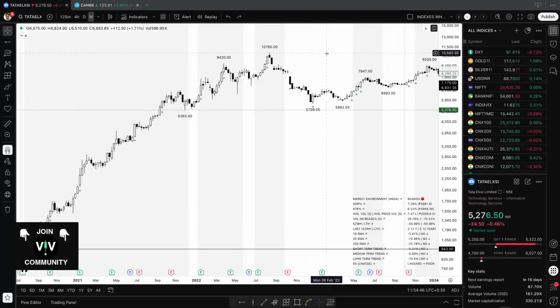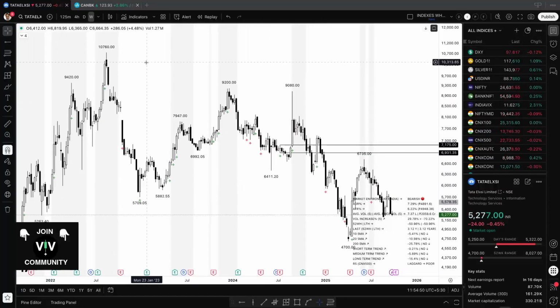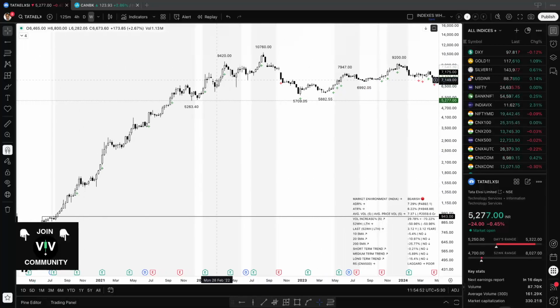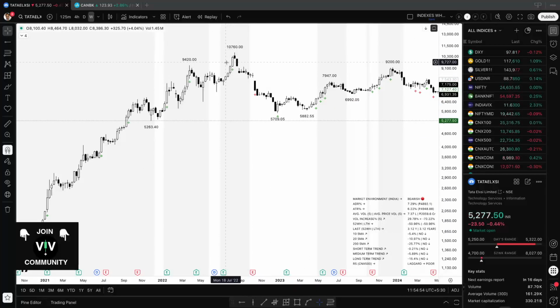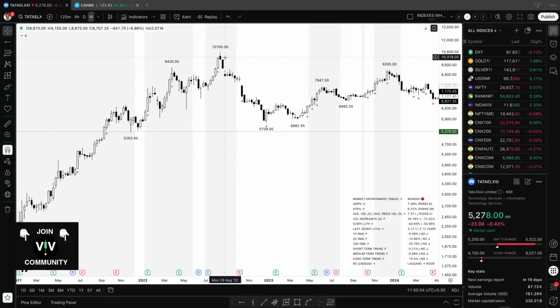So if you see what happened in this stock, Tata Elxsi, see, as I tell you why institutional footprints are so important. After going almost 10 times, now the big footprint started on the top. It was telling us that something is happening here.